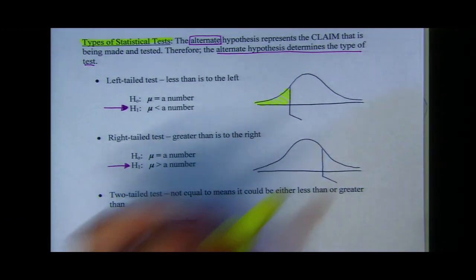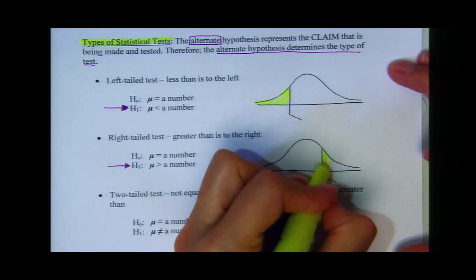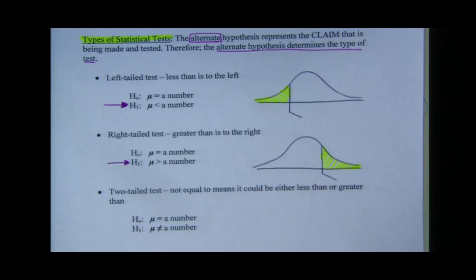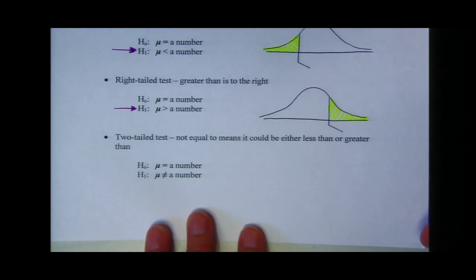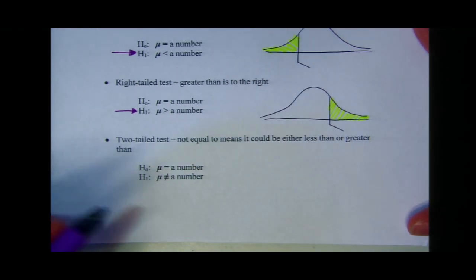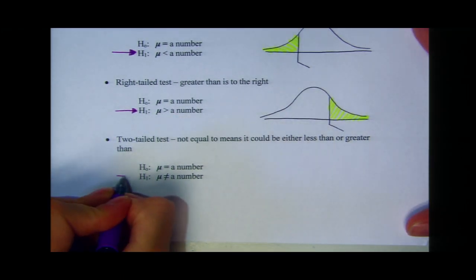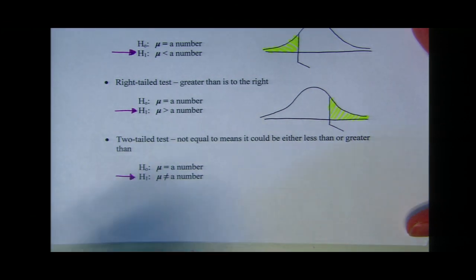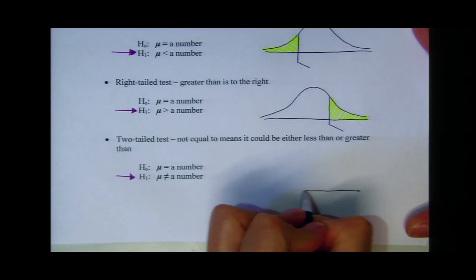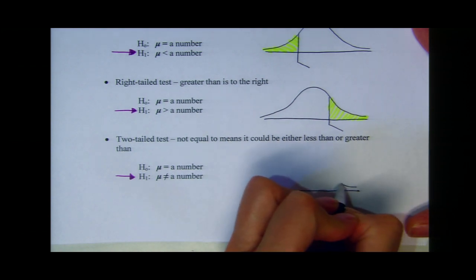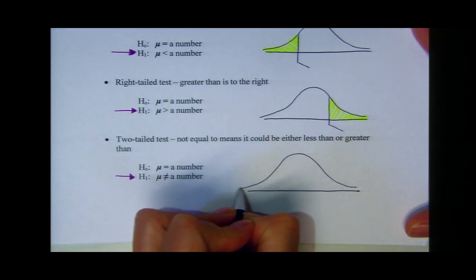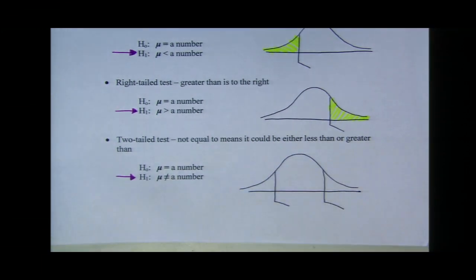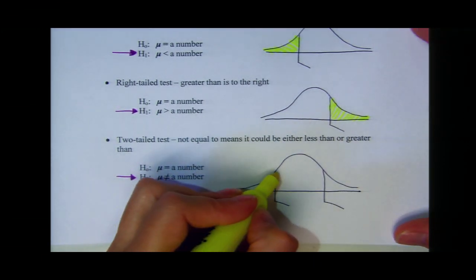Which would look like this. And then, if your alternate is the inequality not equal to, we have a two-tailed test. Which would look like this.